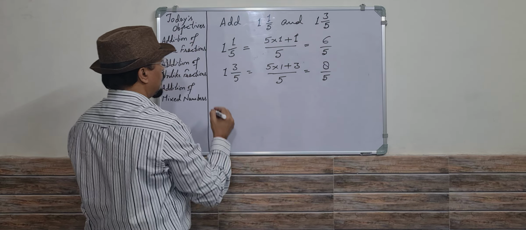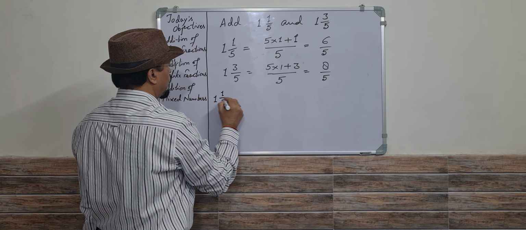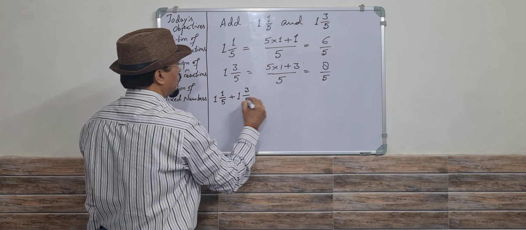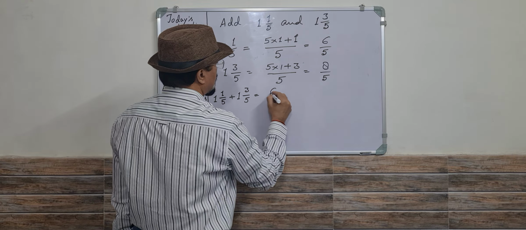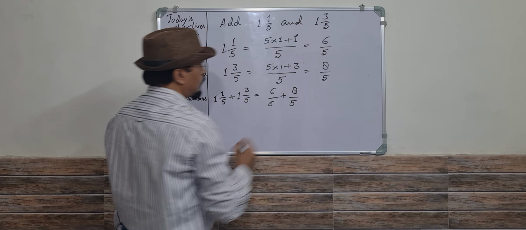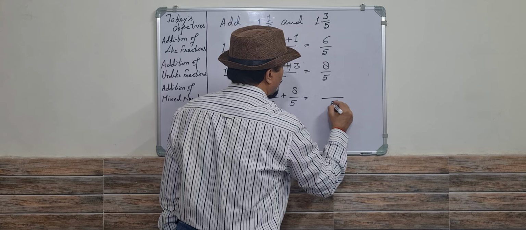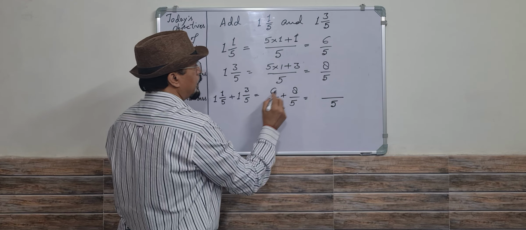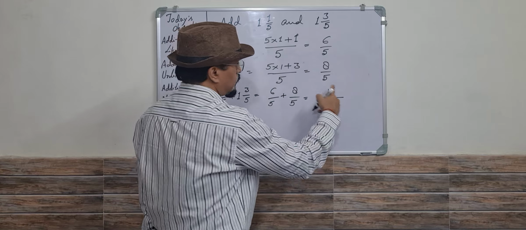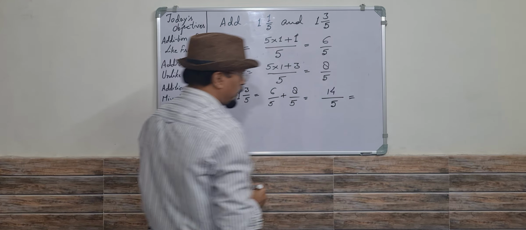And now we'll add one whole number 1 by 5 plus one whole number 3 by 5 equal to 6 by 5 plus 8 by 5. Now these two are like fractions, so we'll take 5 as denominator, 8 and 6, 14 upon 5. Now it's an improper fraction, so we'll convert it into a mixed number.